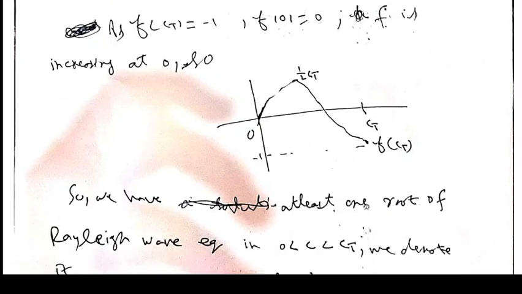At least one time it must cross this x-axis, this horizontal axis, because we know that the function is negative at this point. To achieve that negative value, your function must cross this axis at least one time. So we have at least one root of the Rayleigh wave equation in this domain.